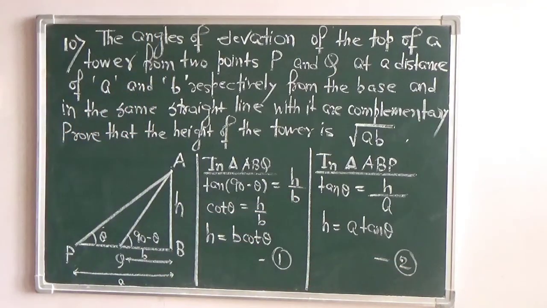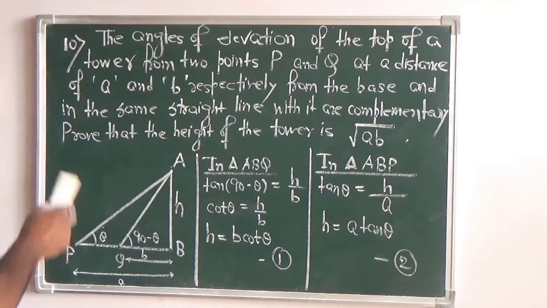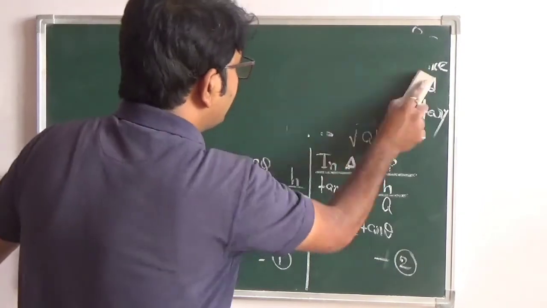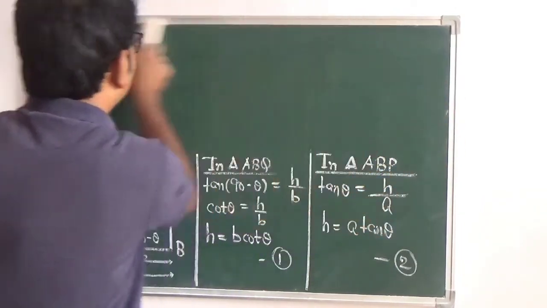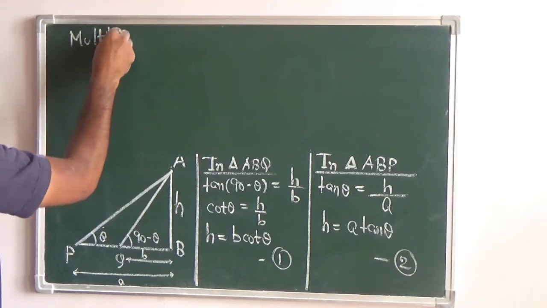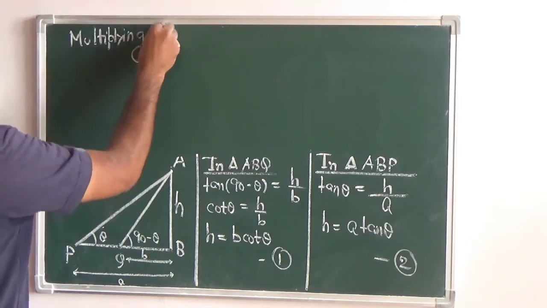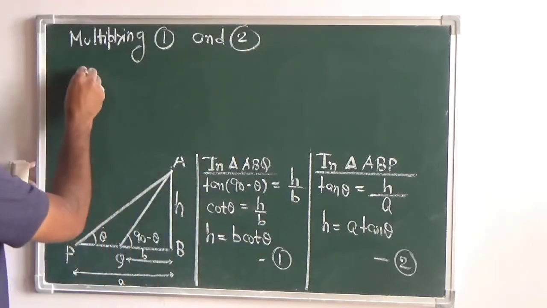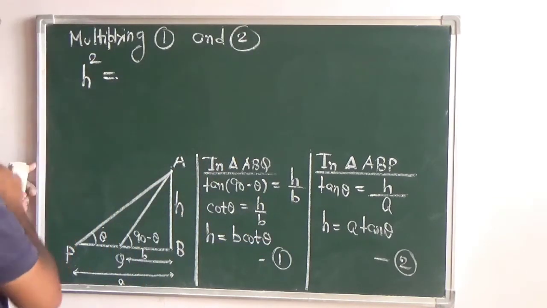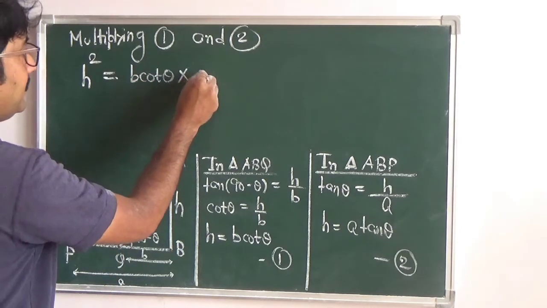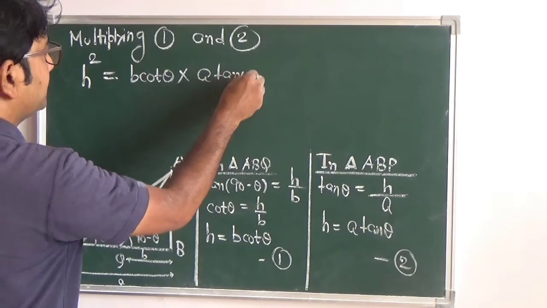Now we need to find the value of the height of the tower, that is h. So what you do, we will multiply the two results that you obtain in 1 and 2. So we have h into h, that is h square, equals b cot theta multiplied by a tan theta.